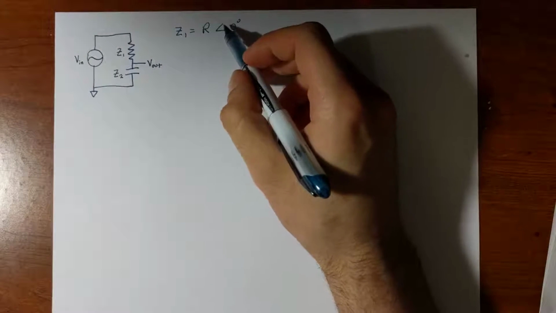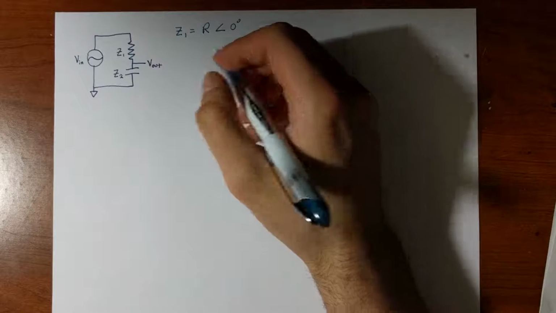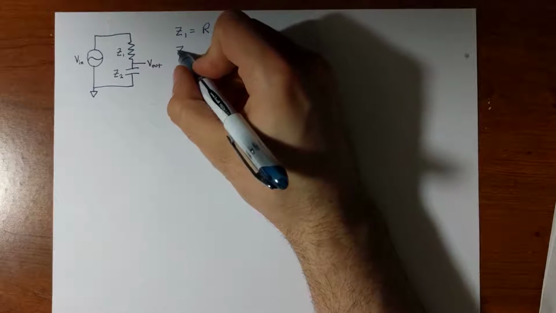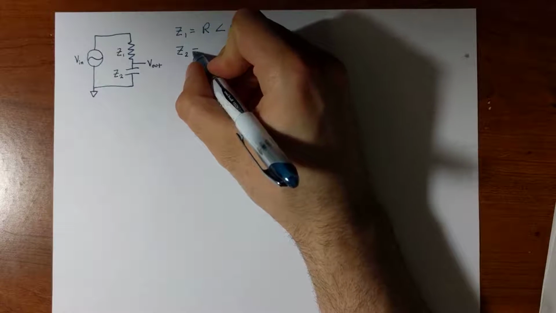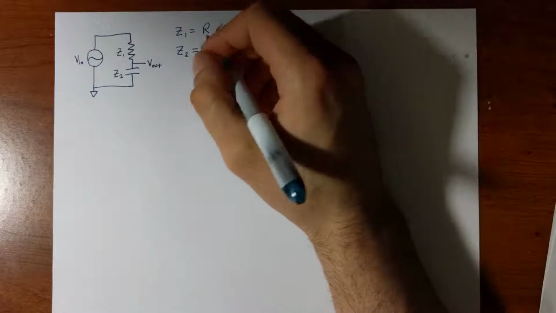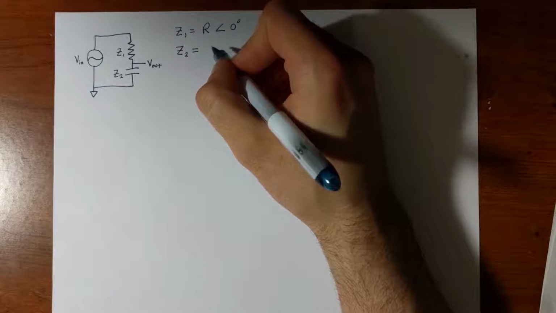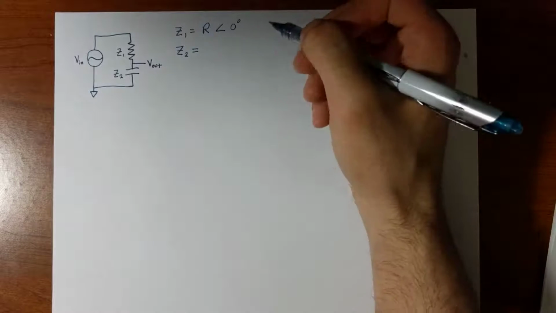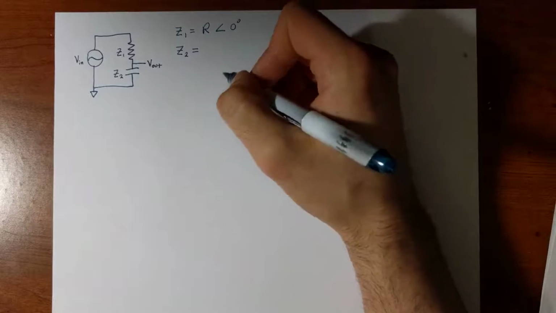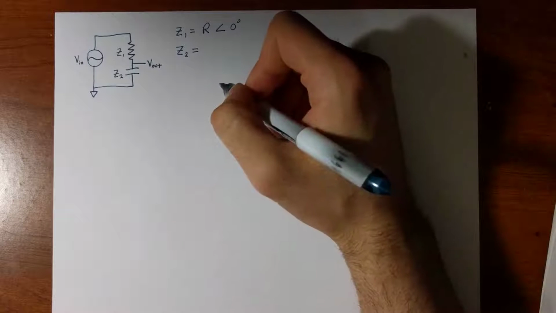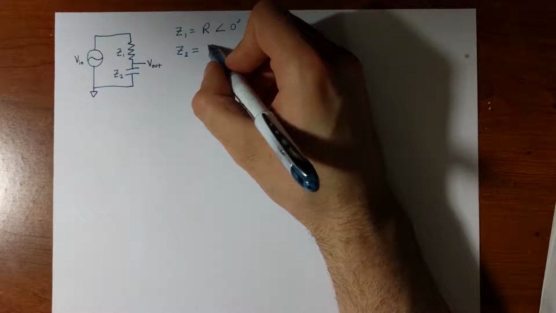And this notation here is something that shows up a lot, this angle notation. Z2 for our capacitor, well, a capacitor has reactance, and you will see different ways of expressing this. Sometimes you'll see the imaginary part included in the reactance, sometimes it will not be included in the reactance. In this class, we're including it in the reactance.